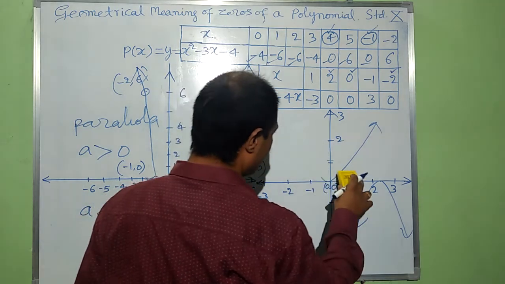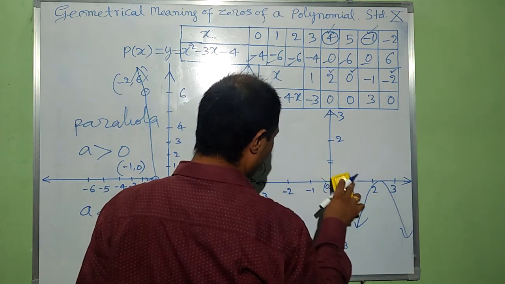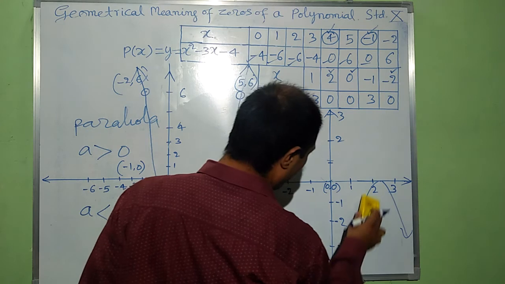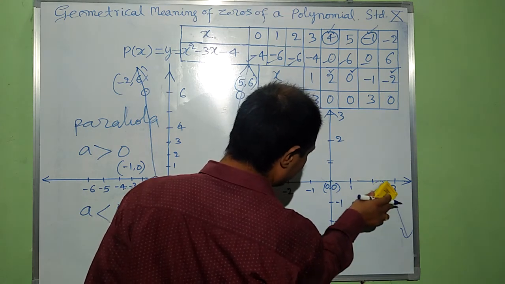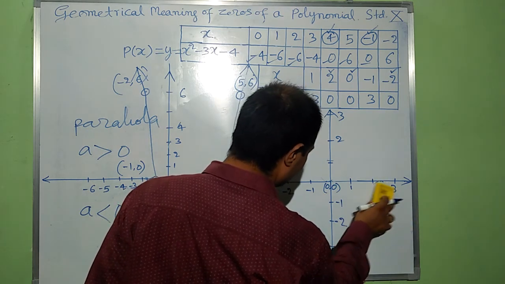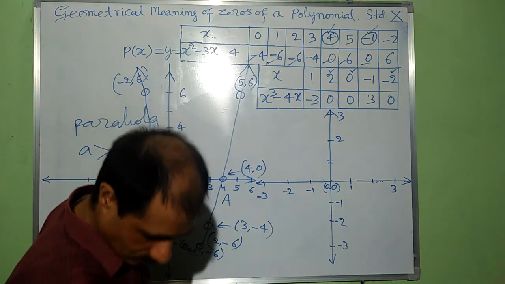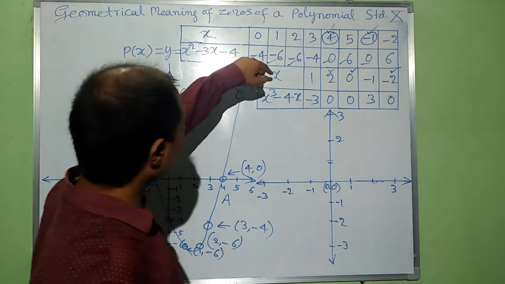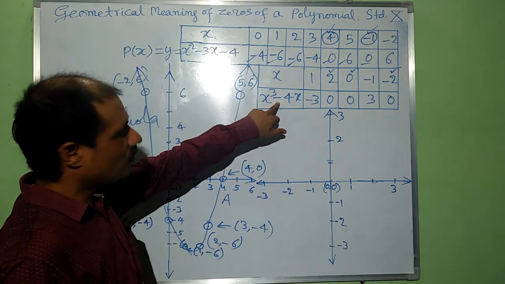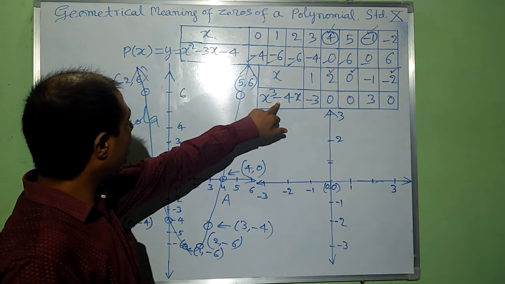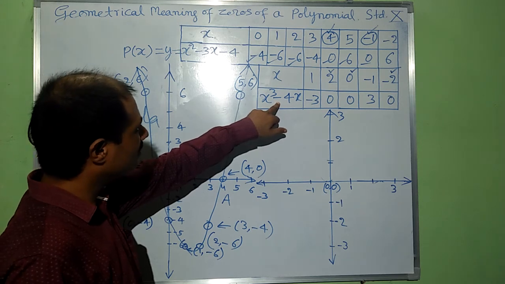Now try to understand about a cubic polynomial. This is a cubic polynomial, x cube minus 4x.